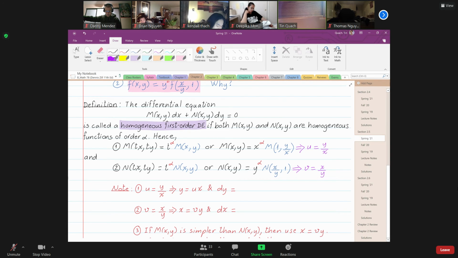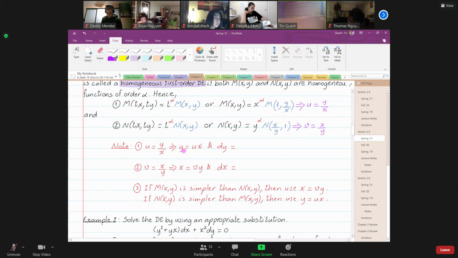So once you have that, note u equals y over x implies y is equal to ux. So y is a function of a product of two functions. So the derivative of y is what?